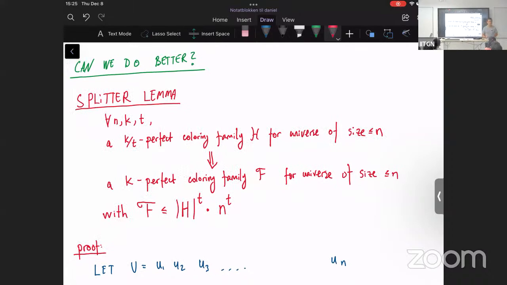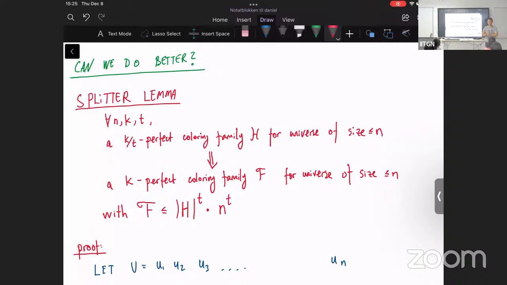The previous lemma reduced the task of finding a k perfect coloring family from a large universe to a small universe. This one says, if I'm looking for a k coloring family for a small set in some universe, it's actually sufficient to find efficient coloring families for much smaller sets for the same size universe.